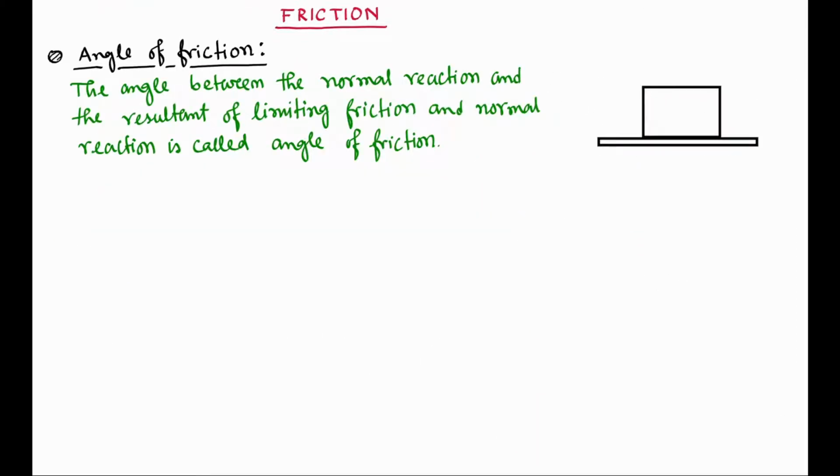Angle of friction. The angle between the normal reaction and the resultant of limiting friction and normal reaction is called angle of friction. A body is placed on a surface.